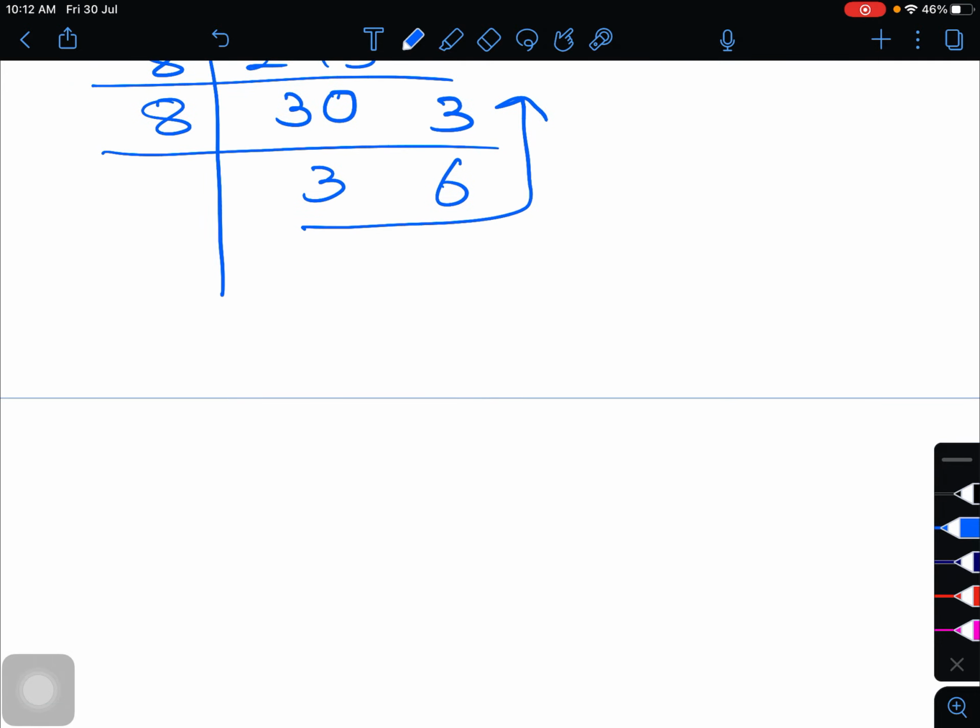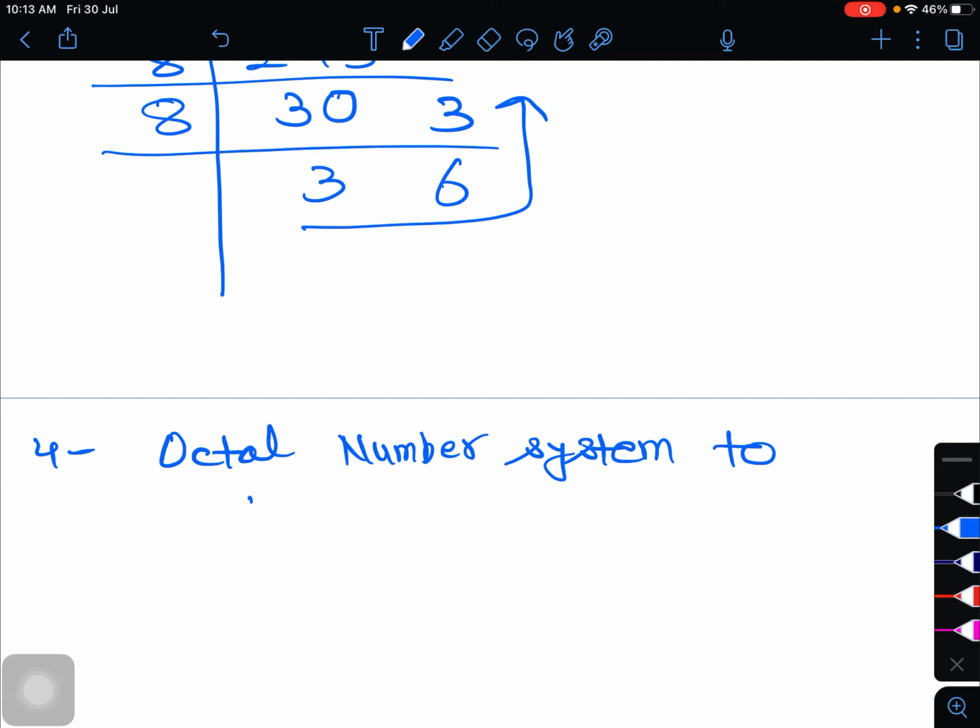Similarly, if we want to convert octal number system to decimal number system.